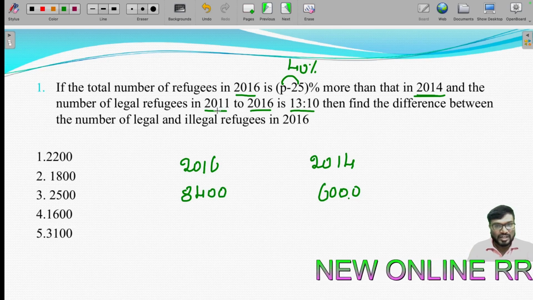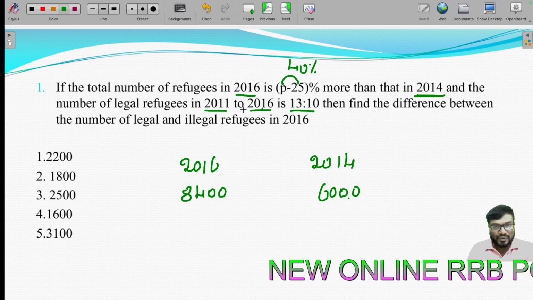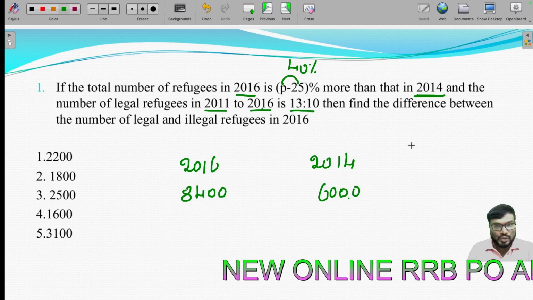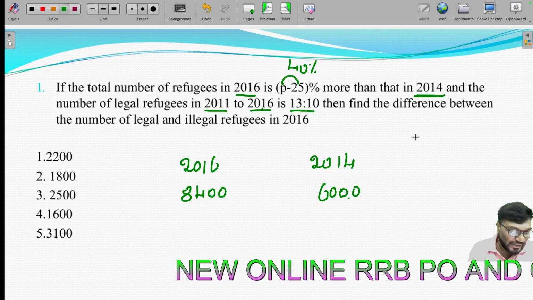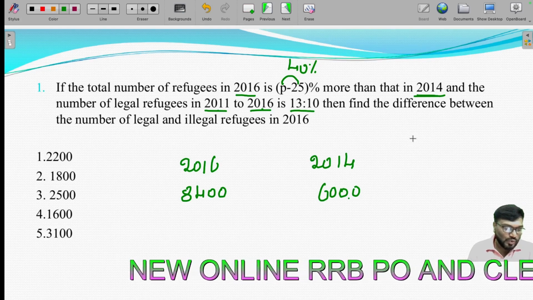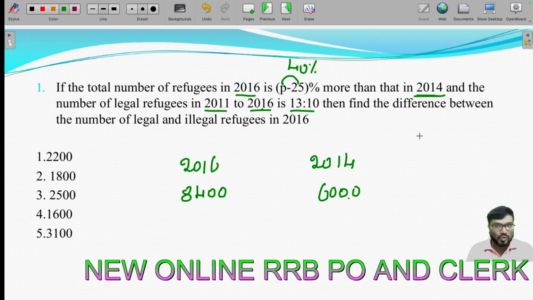Then the next statement, 2011 to 2016 legal refugees is 13 is to 10. If you see, the legal refugees total 6500.